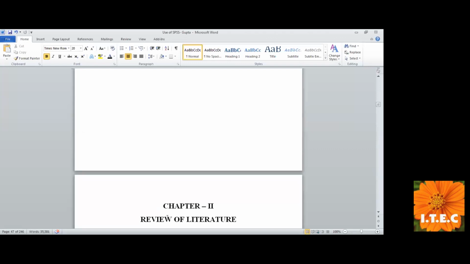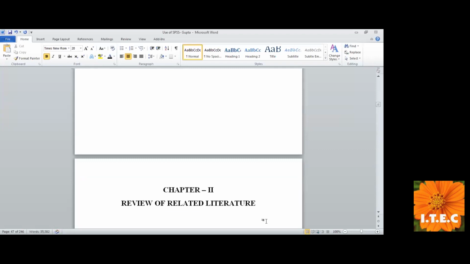But I must write related. Related means only from Hindi. I cannot take from any other one, and I have to take only related to concepts. So once I say related, that means concepts. I cannot take anything else. I cannot take the reasoning aspect. So that's what is important. So you should write the word related.